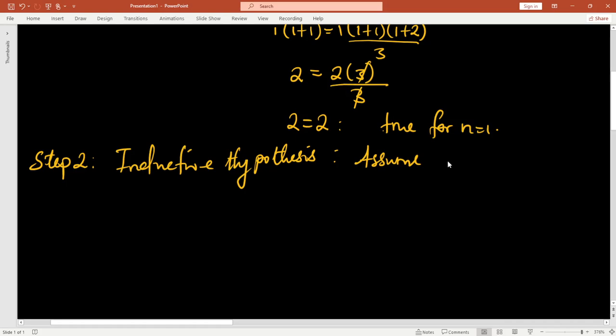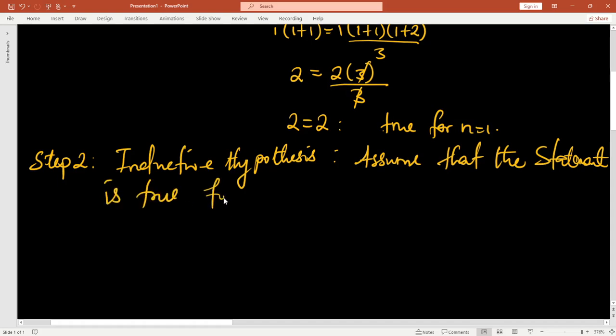So assume that the statement is true for n equals k. Where there's n in the expression that we have, we just substitute with k.